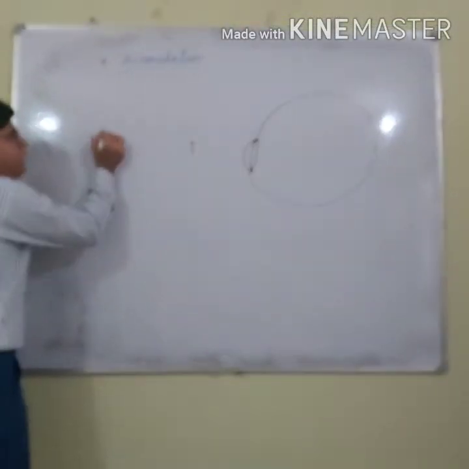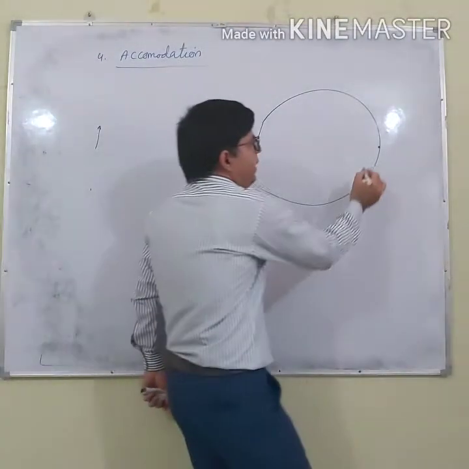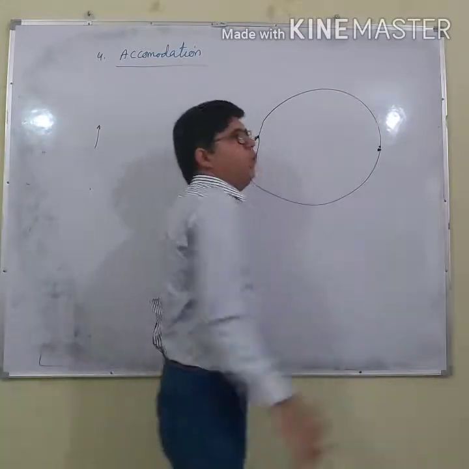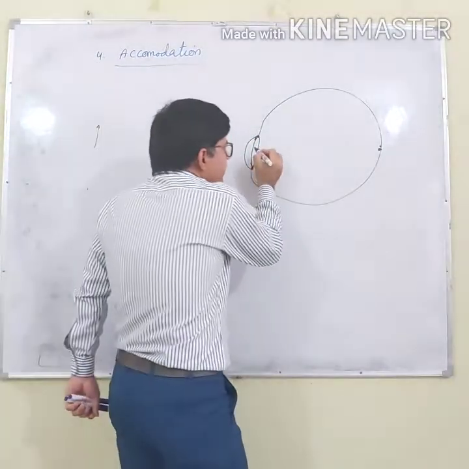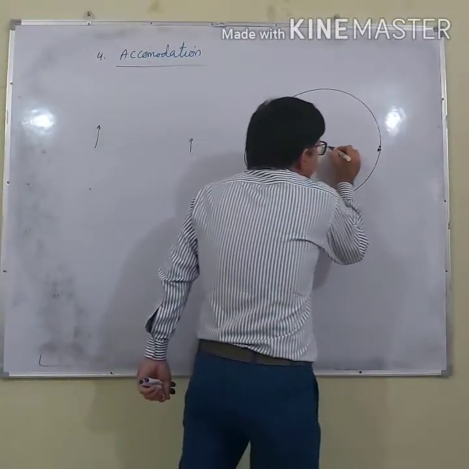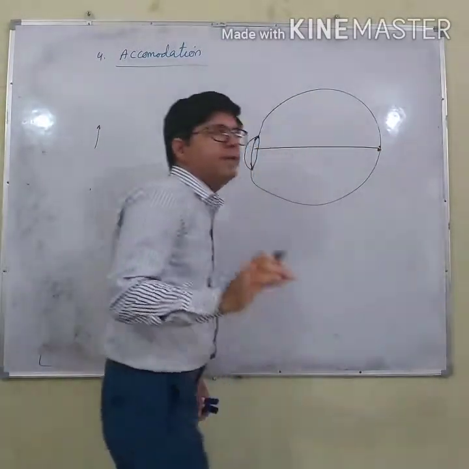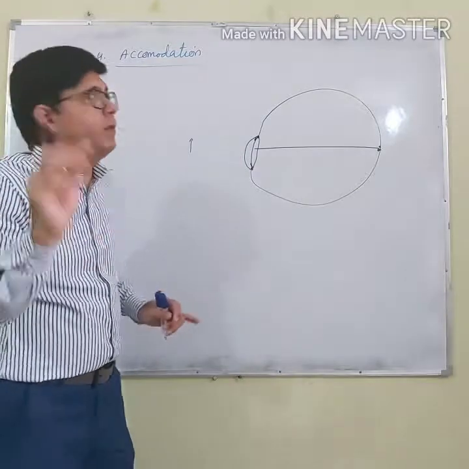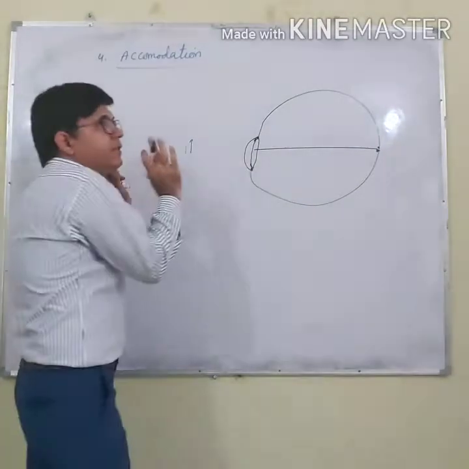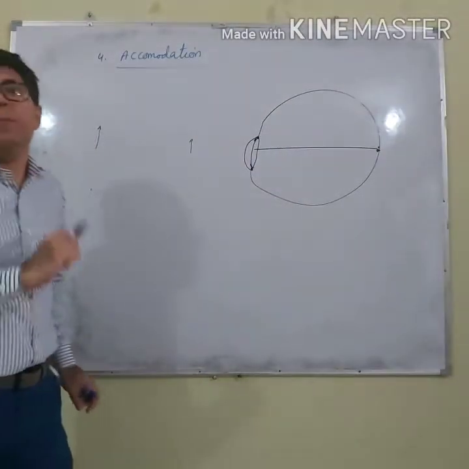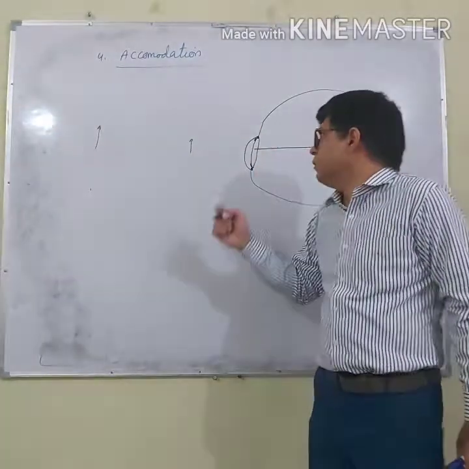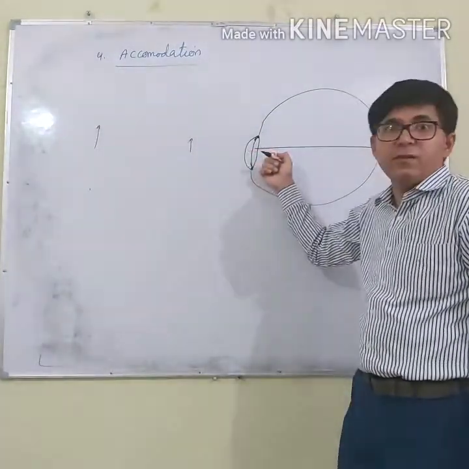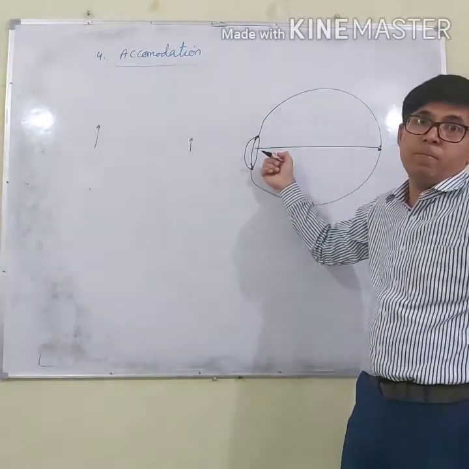It means the image distance remains the same, whereas the object distance is changing. So it means that the eye lens does not have a fixed focal length.